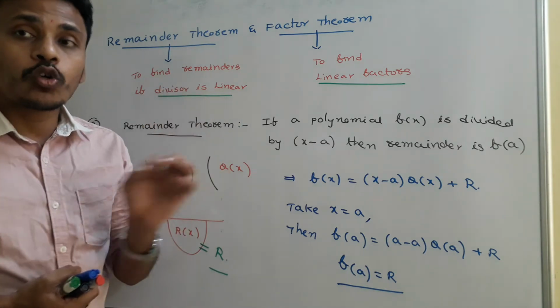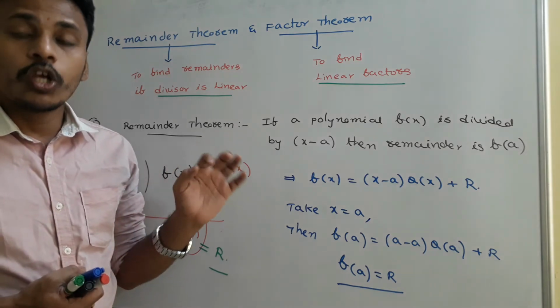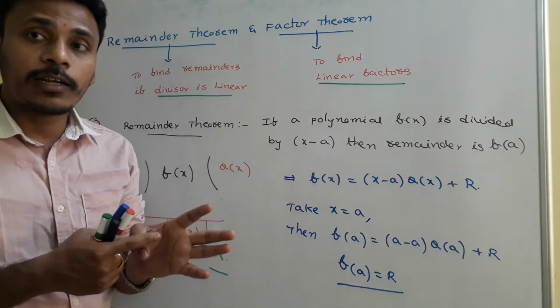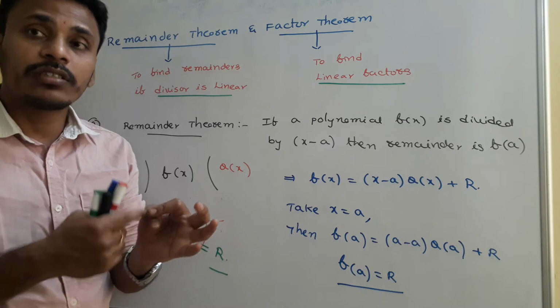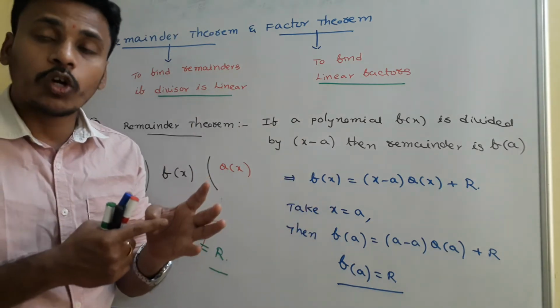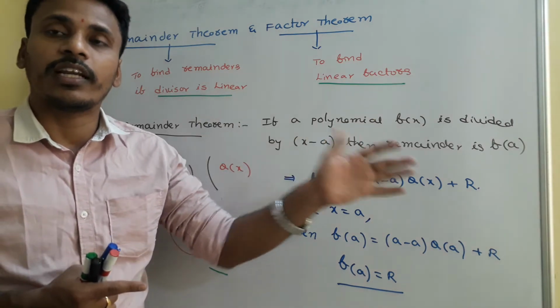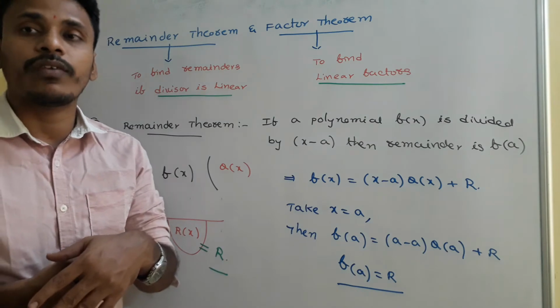But about the quotient, the remainder theorem won't say anything. To find the quotient and remainder both, you need to go with synthetic division, as we discussed in the previous class.